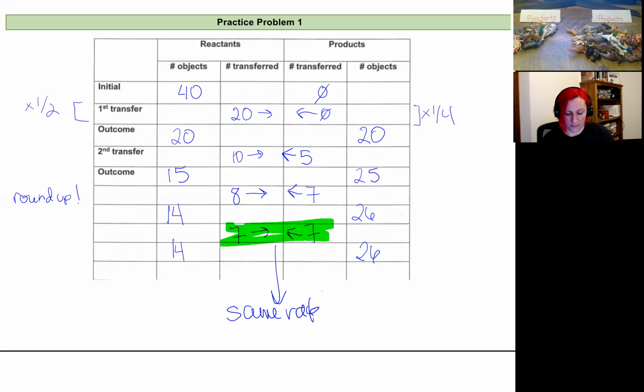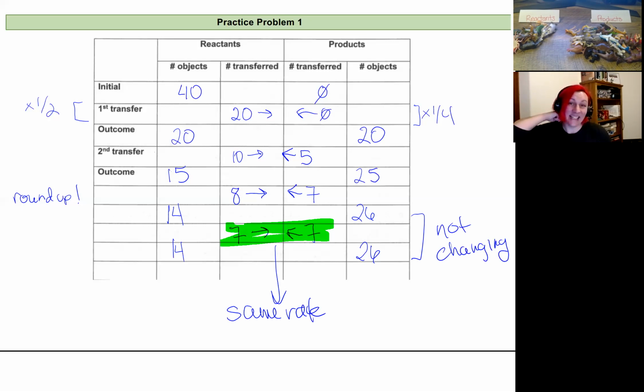And so at this point, the rate of my forward and reverse reaction have become the same, and my concentration isn't changing. And so I have reached dynamic equilibrium for children's toys.